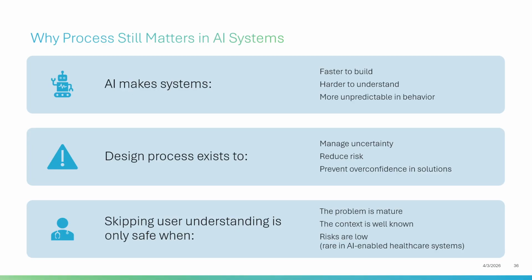Then, why does the process still matter if we are implementing or using AI? Yes, it's true that AI makes systems faster to build, but they're also harder to understand, and at the end, the behavior is going to be unpredictable. The process exists because we want to reduce that uncertainty. We want to reduce the risk. And we want to prevent overconfidence in the different solutions that we have.